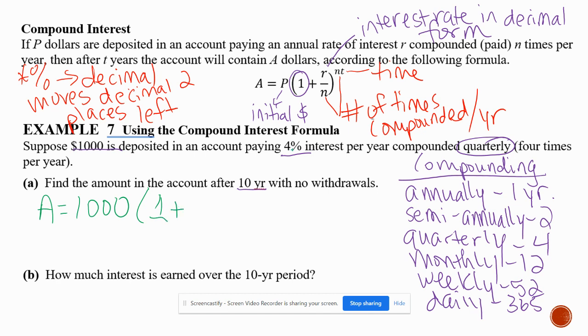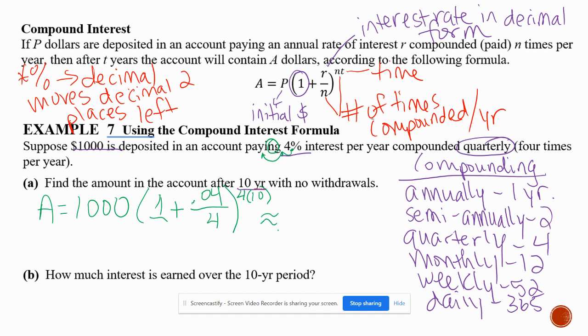Our decimal is here in our percent, so moving it left 2 makes it 0.04 over. N is the compounded quarterly, N is 4. So we have 4 here and 4 up in that exponent, and our time is 10. So that would be to the 4 times 10, or 40th power.